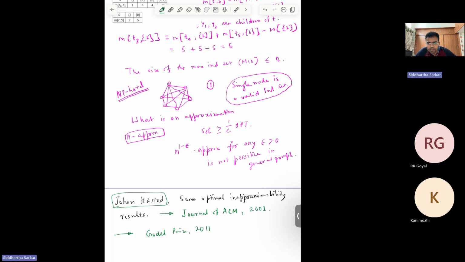Maybe it's a nice read. It's just 2 pages. It says that before Hastad published these novel findings in the Journal of ACM in 2001, such optimal inapproximability results seemed beyond reach. And the PCP theorem and other things are also related, which you can read from this citation of ACM.